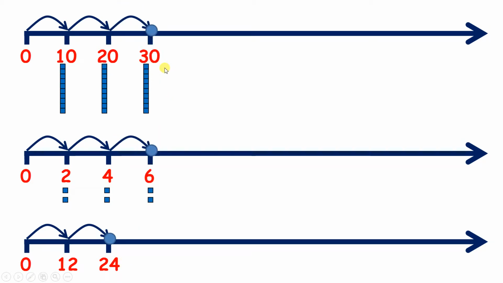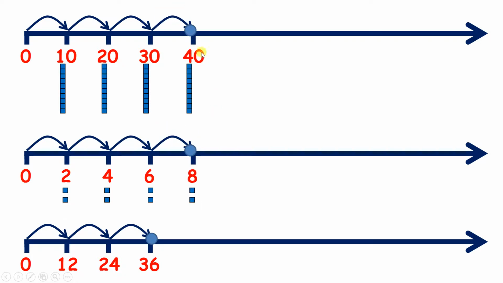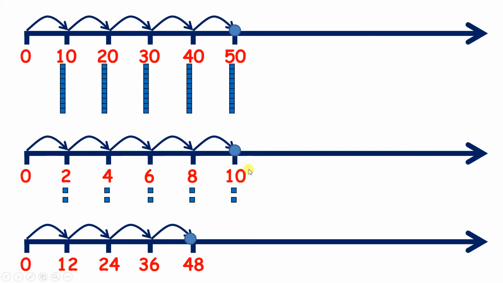Now 30 at the top and 6 in the middle, so we have 36. Now 40 at the top and 8 in the middle, so 48. And now 50 and 10, so 60 altogether.